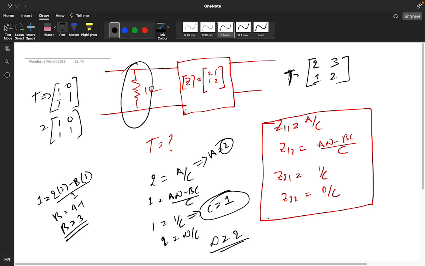So the overall T network will be 1, 0, 1, 1 into 2, 3, 1, 2. Solve this matrix and get the results. So 2 will come and 3 will come. This particular entry will be 2 plus 1, 3 will come. This particular entry will be 3 plus 2, 5 will come.